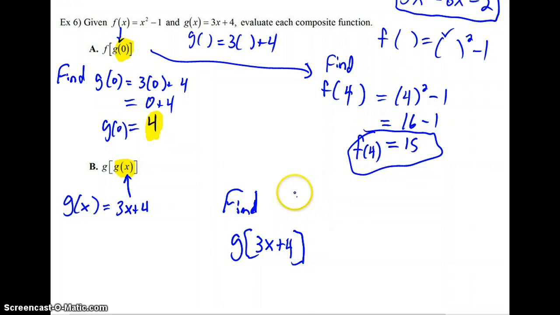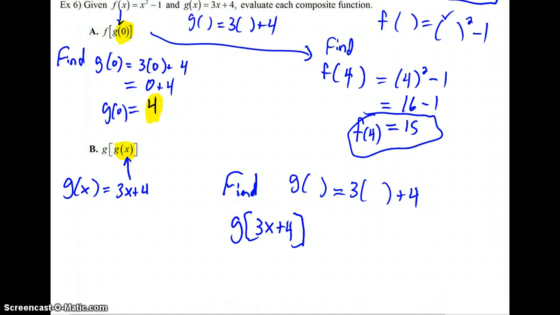And like we wrote up above, g of a blank is 3 blank plus 4. So right now we're saying, hey, instead of substituting in a number like 7 or 6 into the parenthesis, plug in a 3x plus 4. We're going to write that in right in here. We're almost done.